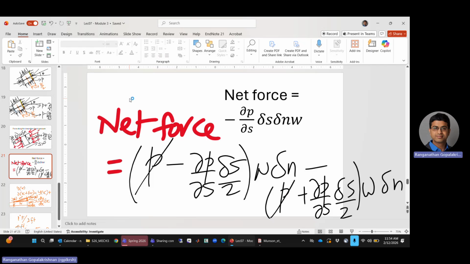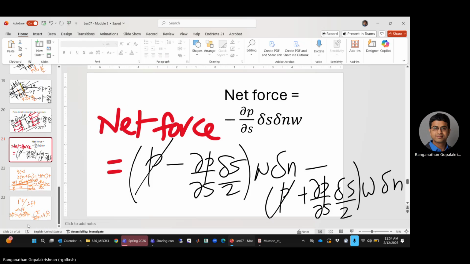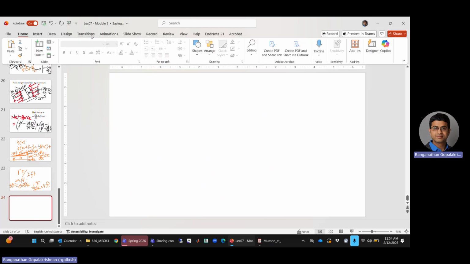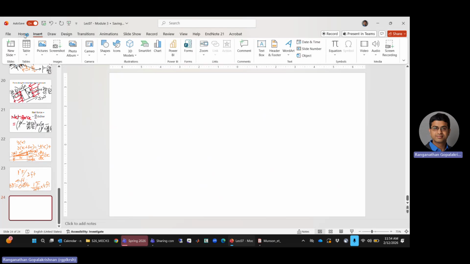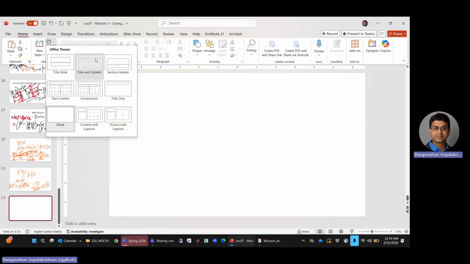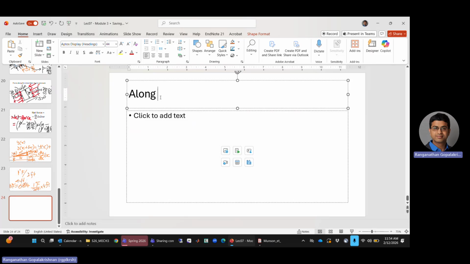Okay. So what I've done so far is this. Let me write it in a clean sheet. We have considered the forces along the streamline. What are those forces?